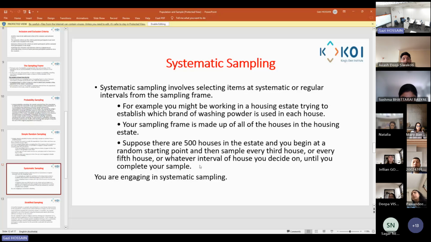So systematic sampling: we are applying a system, and that system is an equal interval, an equal gap. Still this one is a probability sampling. Every house has the probability or chance to be in the sample in our study. Therefore, we are saying it is a probability sampling.